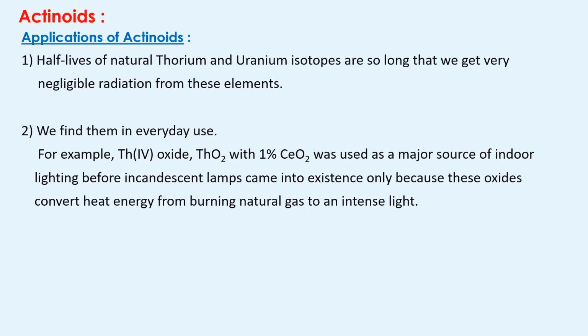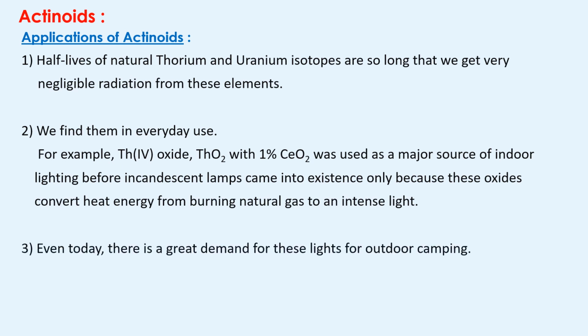This oxide converts heat energy from burning natural gas into an intense light. Even today there is a great demand for this light for outdoor camping. So this is our application of actinoids.